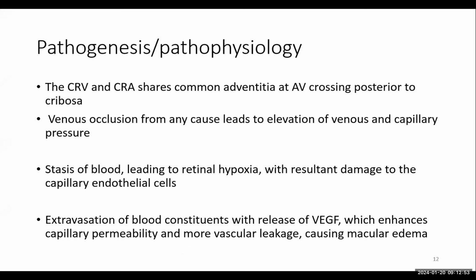So any of the risk factors that I mentioned earlier, any condition that causes vaso-occlusion, like occlusion of the central retinal artery, then leads to elevation of the venous and capillary pressures. There is going to be a backlog of blood, as there is no drainage in the venous system. So there is elevation of venous pressure and then capillary pressure.